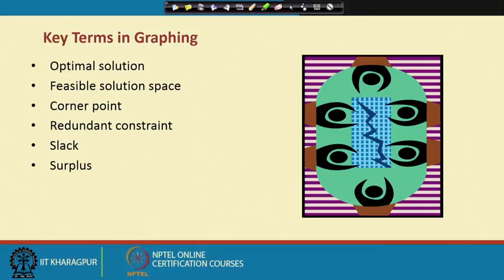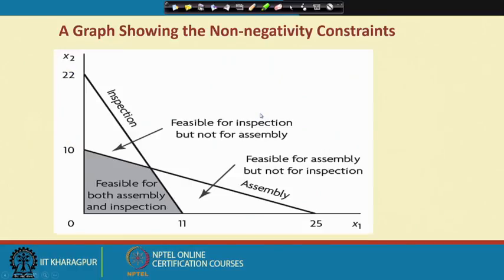While operating the process and looking for optimality by integrating all the constraints simultaneously, depending upon the actual constraint structure, some of the constraints may not be operative in the final requirement. Then we have a slack structure and surplus structure through which you can understand the particular requirement.